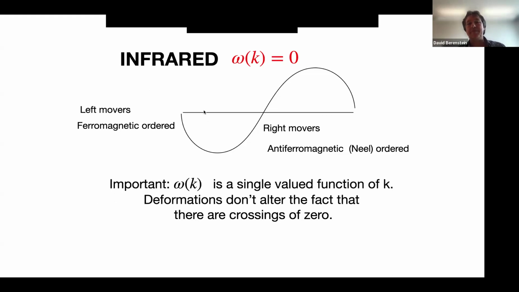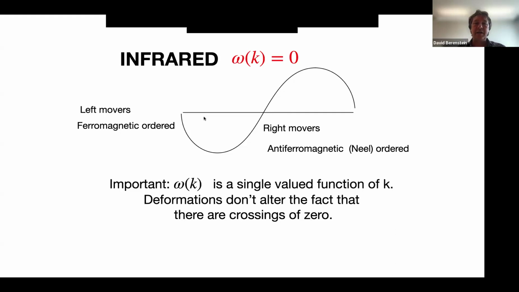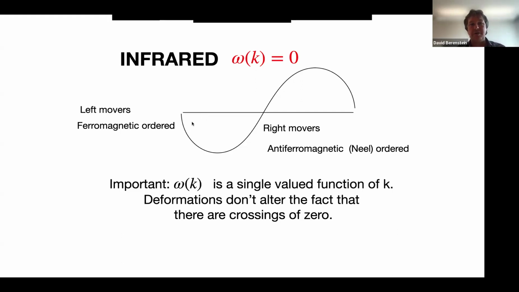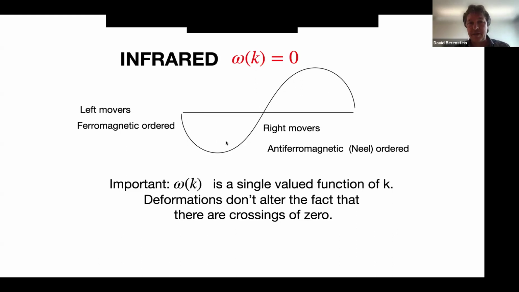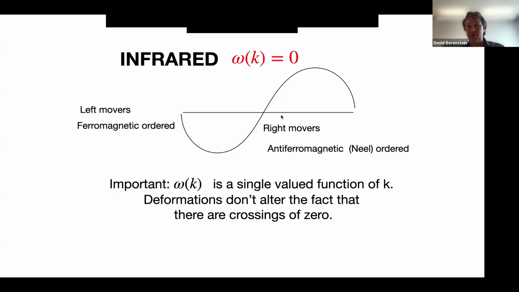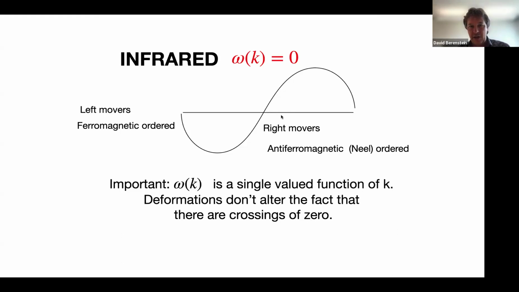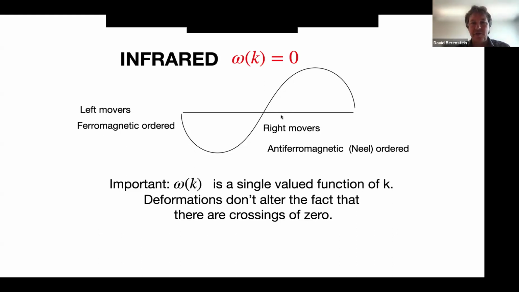So the claim is that this theory is gapless, and one can have a very cheap topological argument that says that the theory stays gapless even after small deformations, because so long as you keep the translation invariance of the system, the left movers and the right movers are at different places in the Brillouin zone, k equal to 0 and k equal to pi, and these crossings of 0 cannot be just wished away. You have to do a very large deformation to get rid of it. Okay.